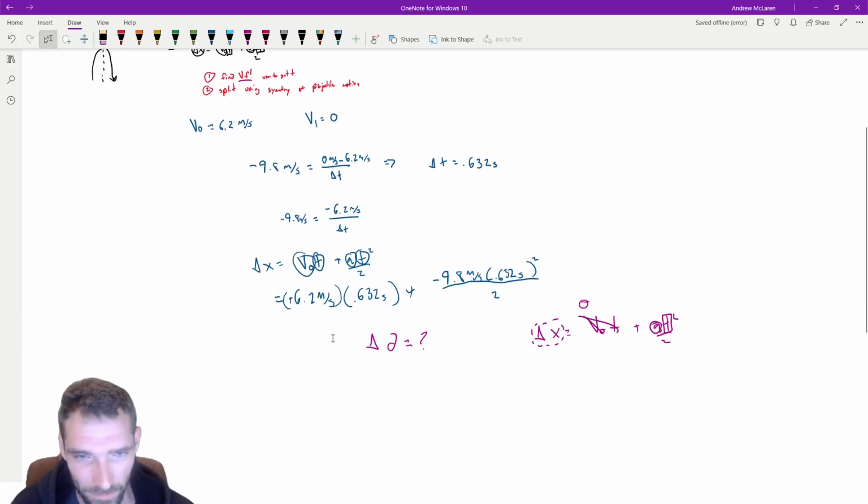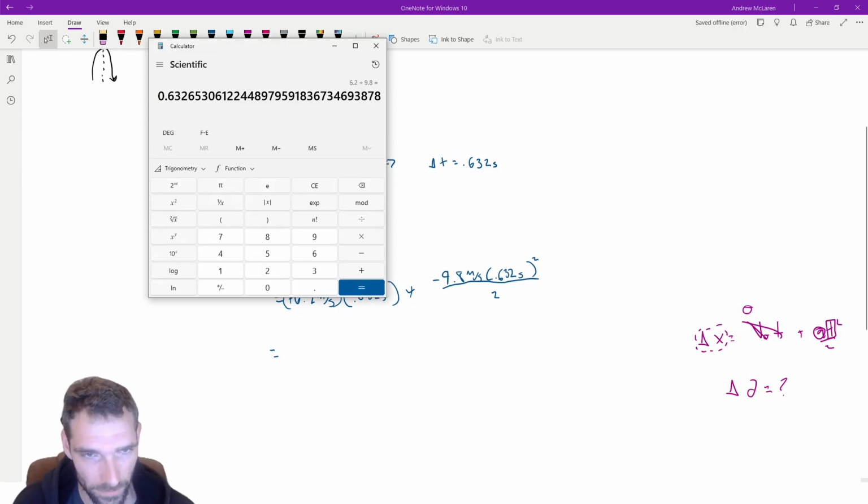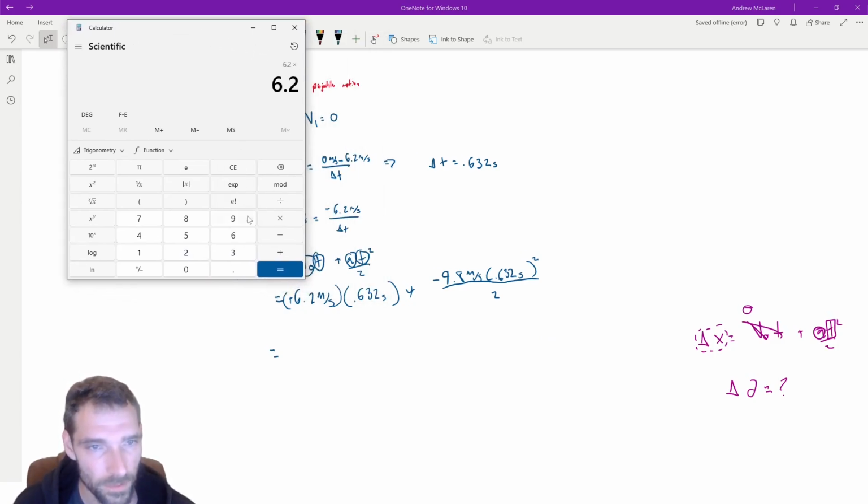I'm realizing that we're running out of room, so I'm just gonna move some of this stuff over. We'll get to it later. But for now, it's just a little bit of calculator work. We got that 6.2 meters per second times the 0.632.